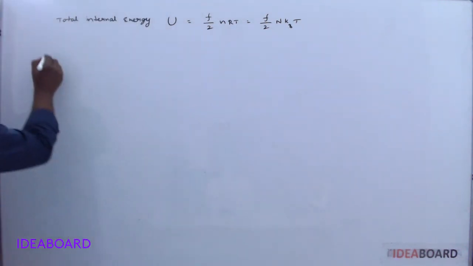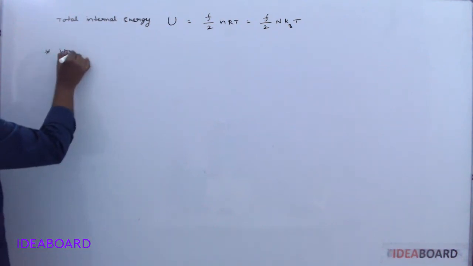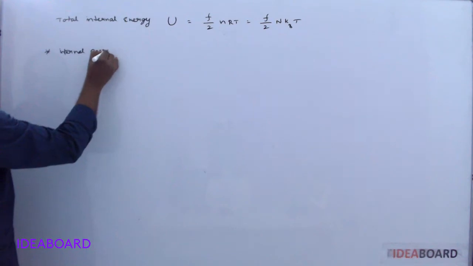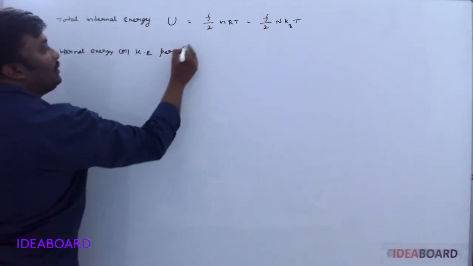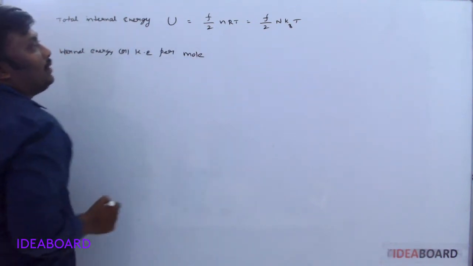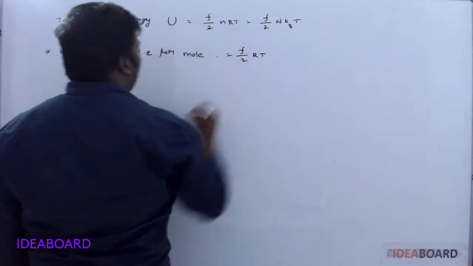Based on this, the internal energy or kinetic energy per mole is F by 2 RT.